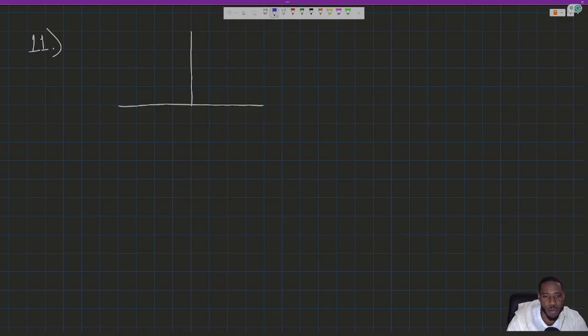They say it passes through the origin. When you go 10 to the right, you've got a point up here at 2.5. So I'll put that point. But they also say when you go 10 to the left, you've also got a point at 2.5.